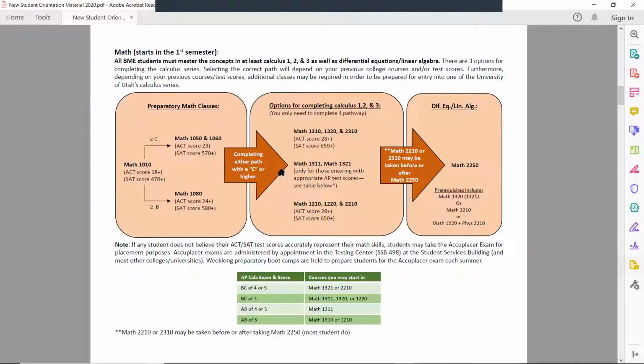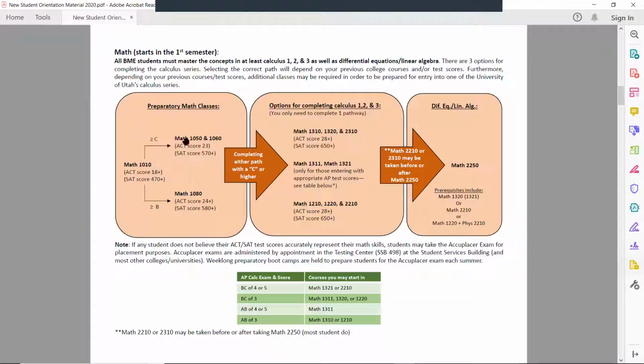In some cases, there's also a path where you could take a boot camp that's offered by the math department. And part of that boot camp is typically a time when you take the AccuPlacer, but there's also review sessions that go through and get you prepared to take that exam and do well on it. So there's different pathways through this you can take.